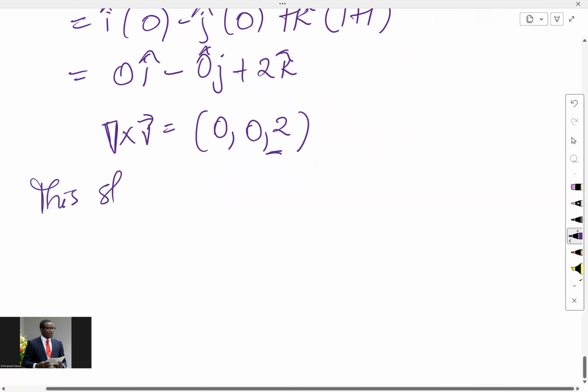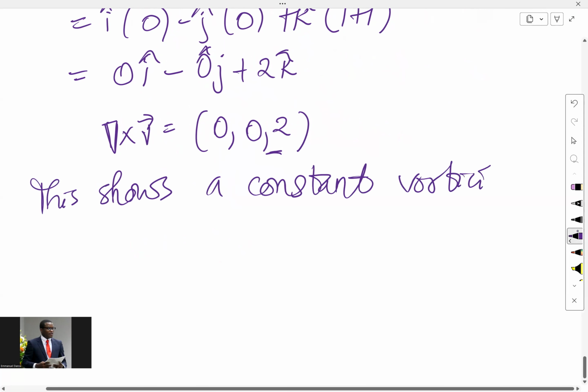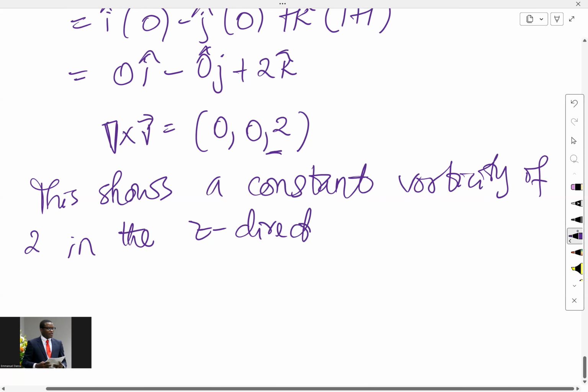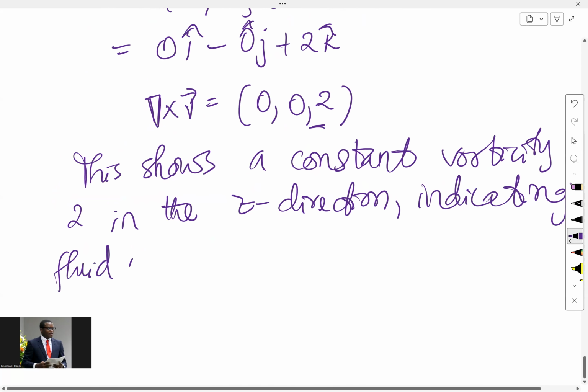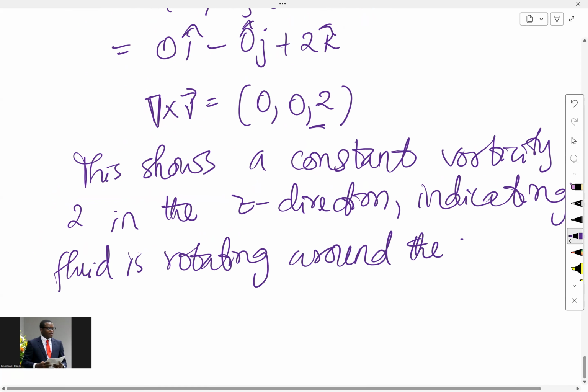So this shows a constant vorticity of 2 in the z direction, that z axis, indicating the fluid is rotating around the z axis.